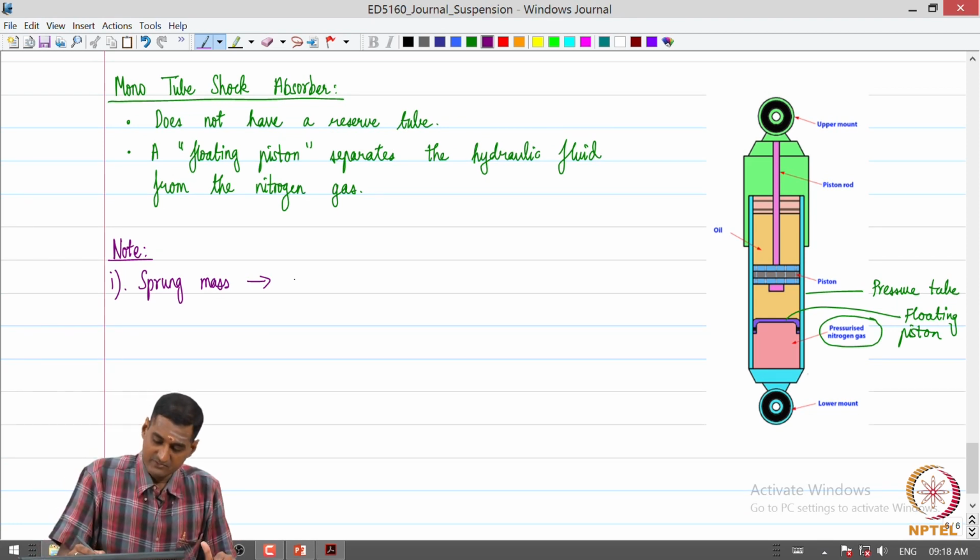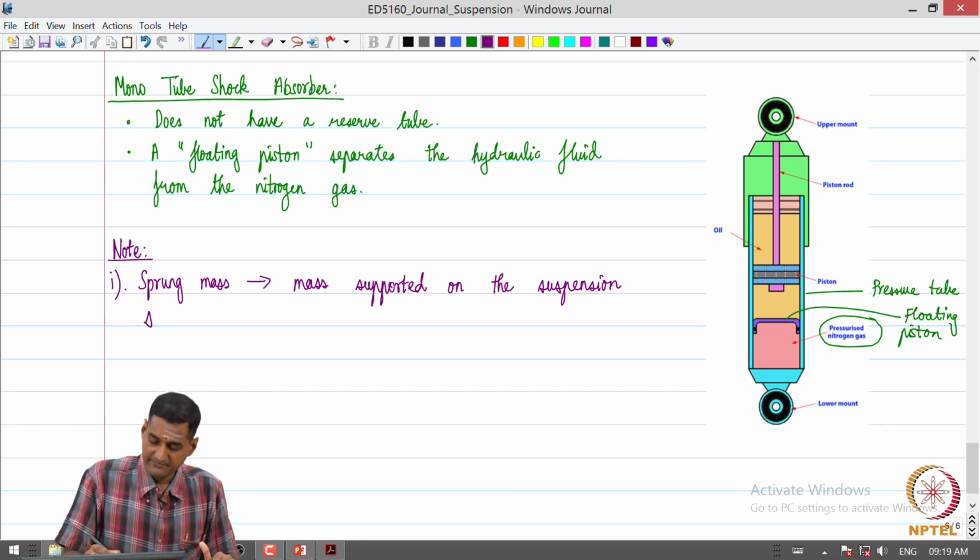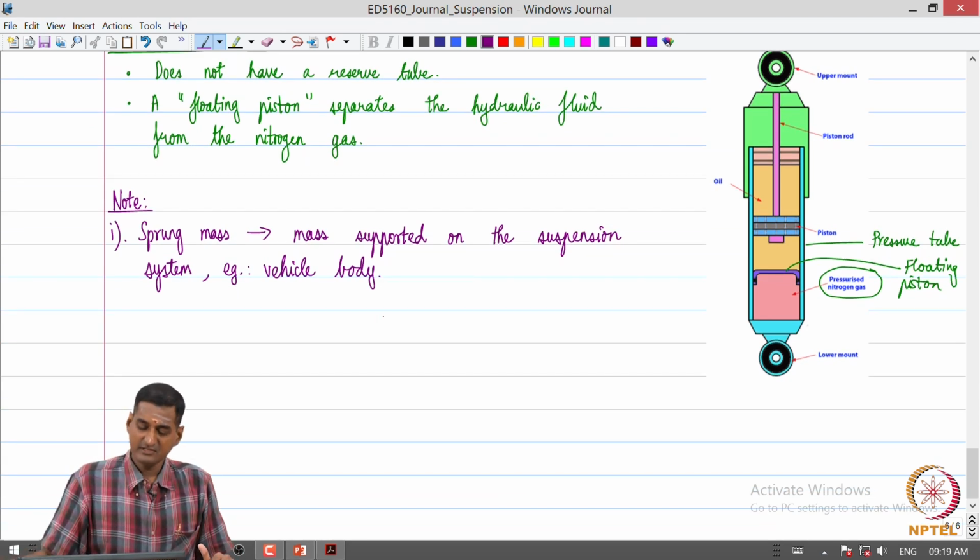So, the term sprung mass indicates the mass supported on the suspension system, for example, the vehicle body. So, that is what is called sprung mass.